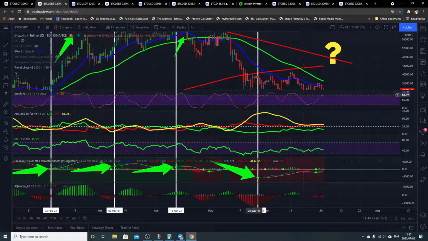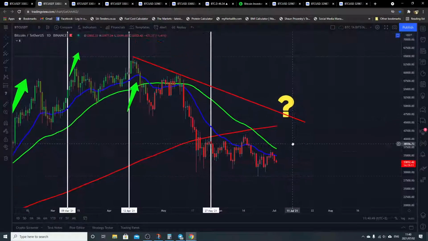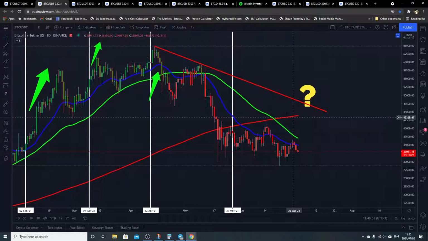I'm going to just remove all my indicators here, so you guys can see clearly, because we only want to look at this part here. Okay. On the daily chart, we've got the 50 MA. Remember on the hourly chart, we've got the 21 EMA over the 50 MA.